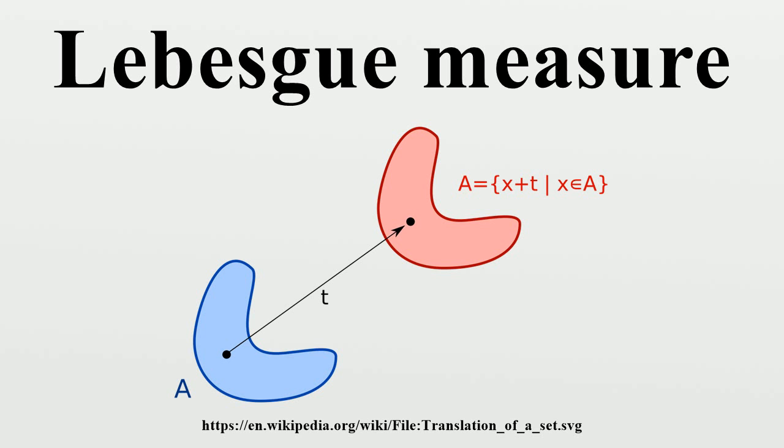Null sets. A subset of Rn is a null set if, for every epsilon greater than 0, it can be covered with countably many products of n intervals whose total volume is at most epsilon. All countable sets are null sets. If a subset of Rn has Hausdorff dimension less than n, then it is a null set with respect to n-dimensional Lebesgue measure.